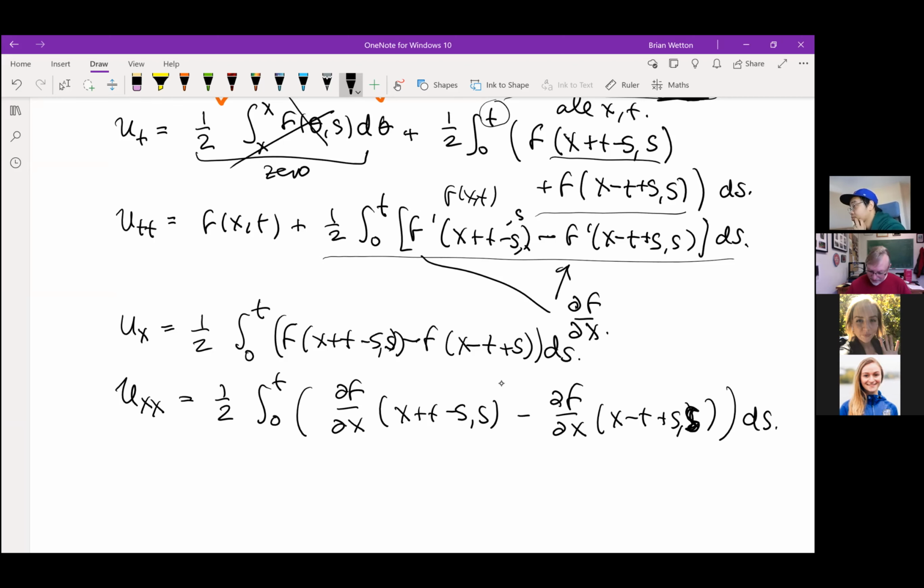Okay, and now I can look at these two things together. Right, and if I look at those two things together, I can see that UTT is UXX plus F. Now, this is kind of interesting.